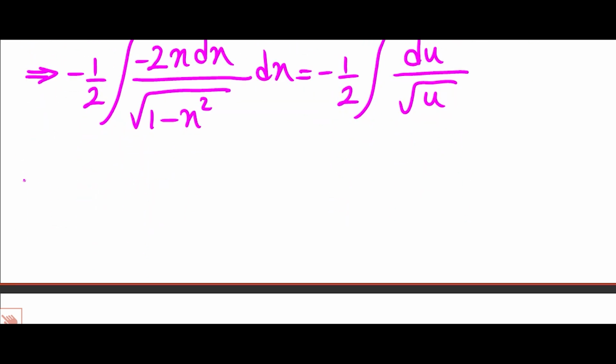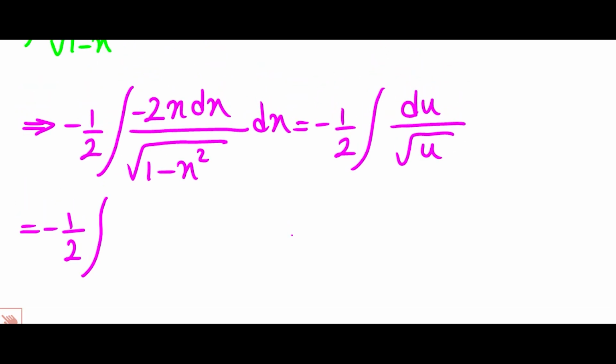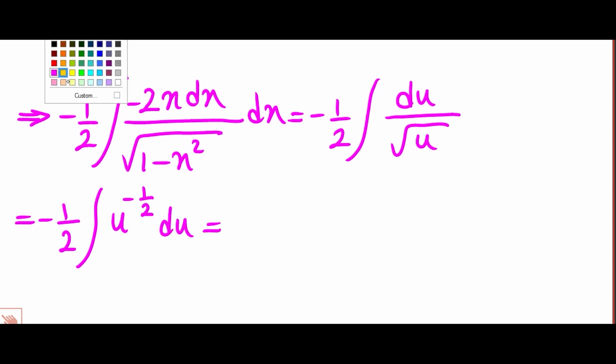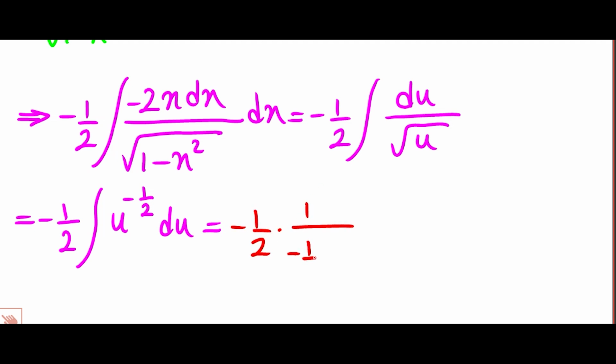So we have negative 1/2 the integral of the square root of u is u to the power of negative 1/2 du. If we use the power rule, we have negative 1/2 times 1 over negative 1/2 plus 1 u to the power of negative 1/2 plus 1.